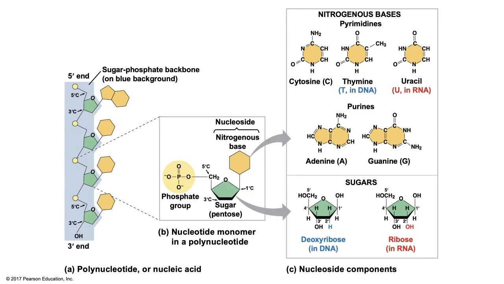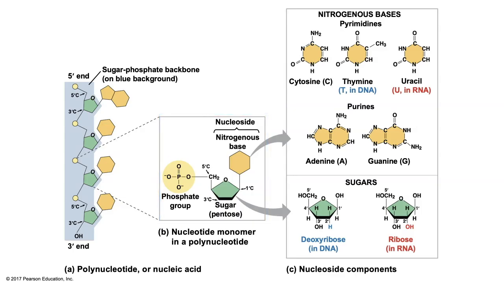Each polynucleotide is made of monomers that we call nucleotides. Image B shows the nucleotide monomer. Each of these nucleotides consists of three things: a nitrogenous base, a pentose sugar, and one or more phosphate groups.